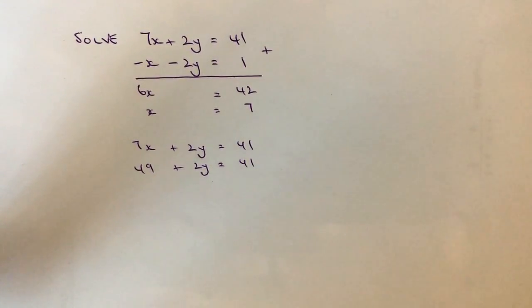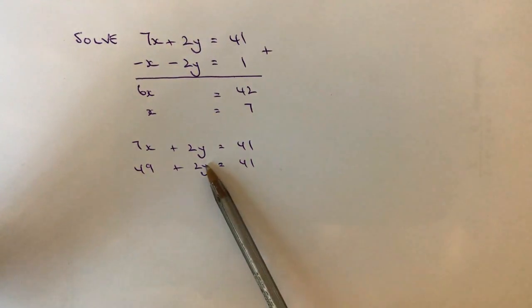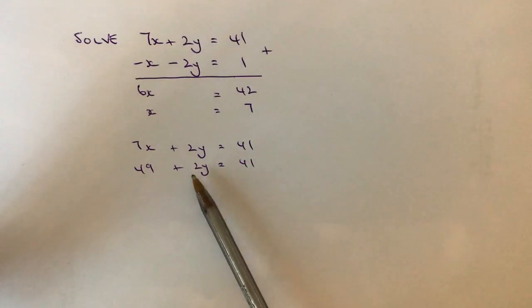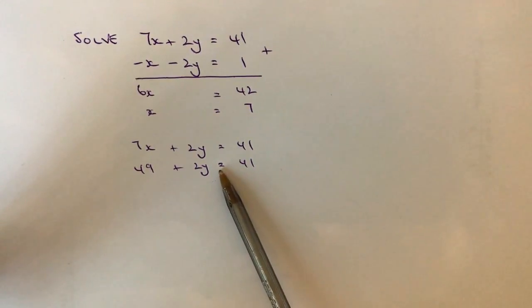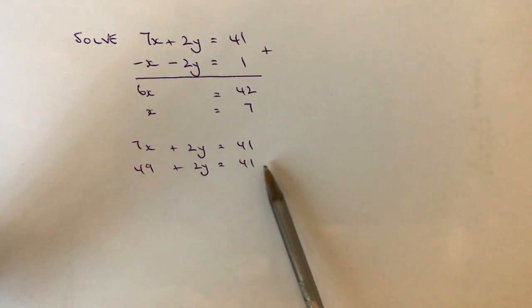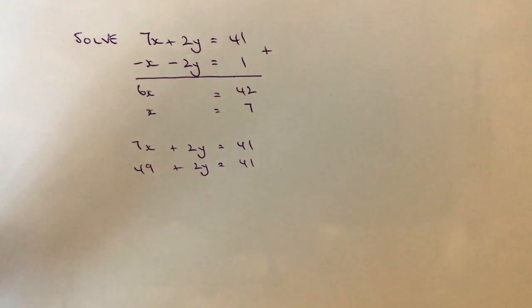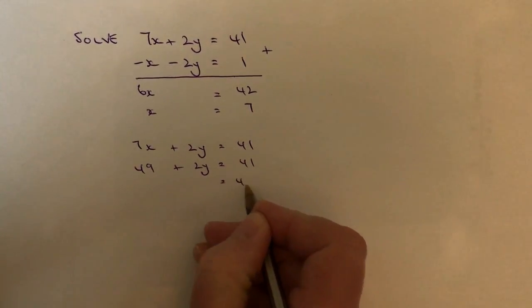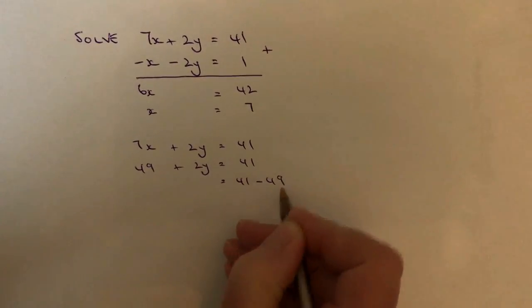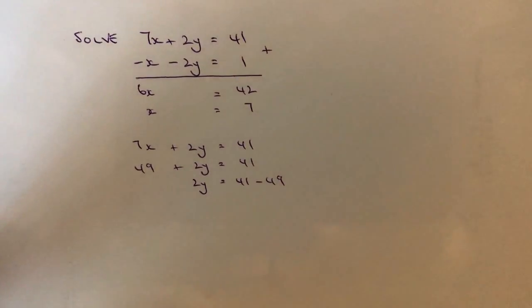And then it's really just a case of finding the value of y. The way we do that is we say, I want to keep this term on the left-hand side of the equals sign, but I need to take that 49 and move it over to here. So in order to do that, I'm going to take it away. On the right-hand side, it becomes 41 take away 49, and on the left-hand side it stays as just 2y.